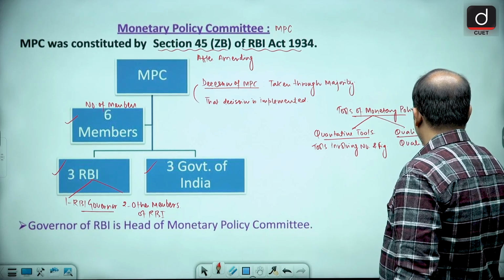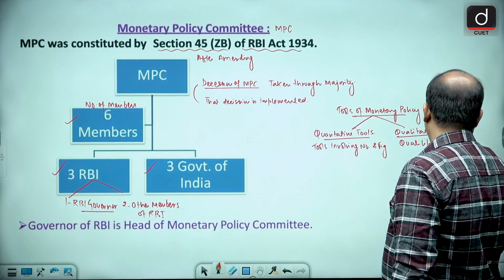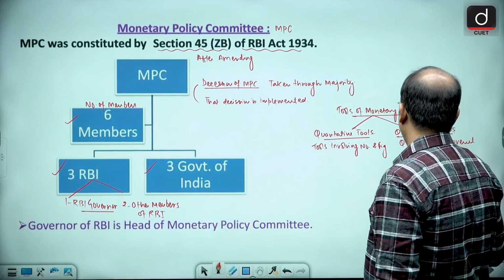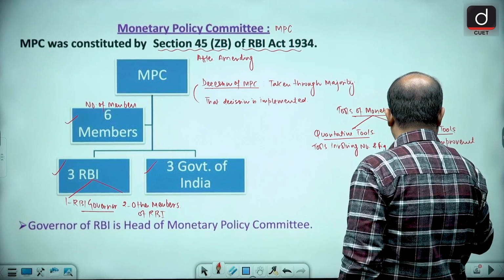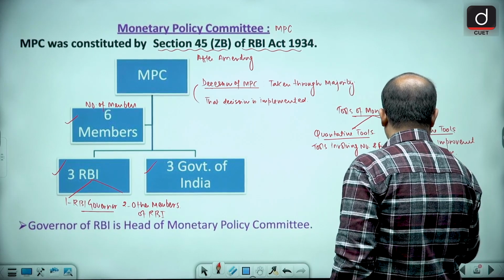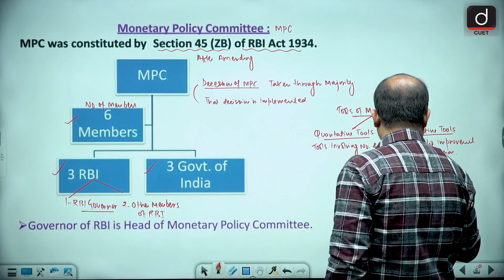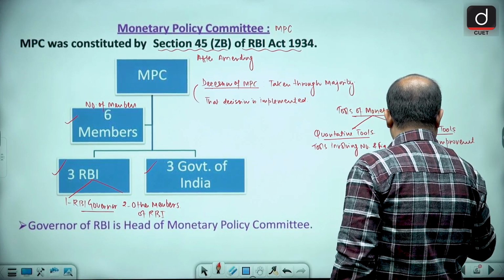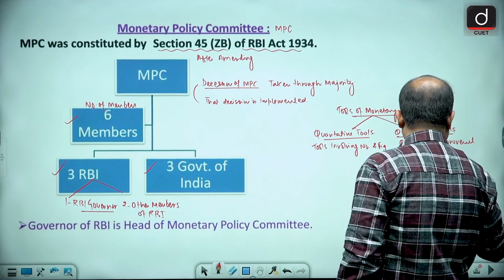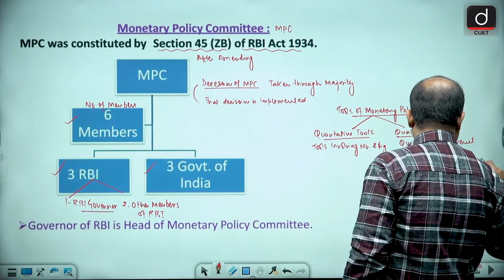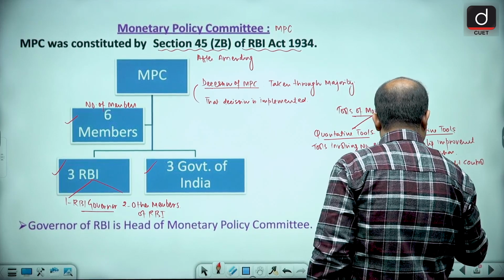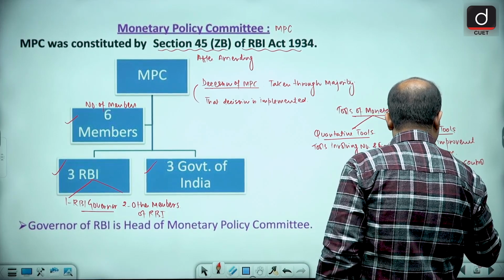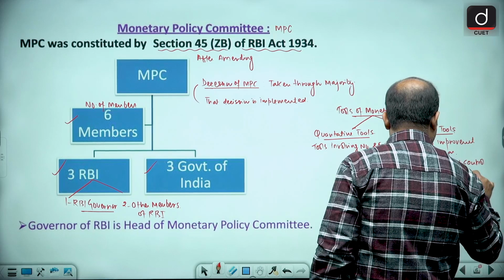And qualitative tools are meant for quality improvement by RBI, like moral suasion, selective credit control, credit rationing, and direct action.